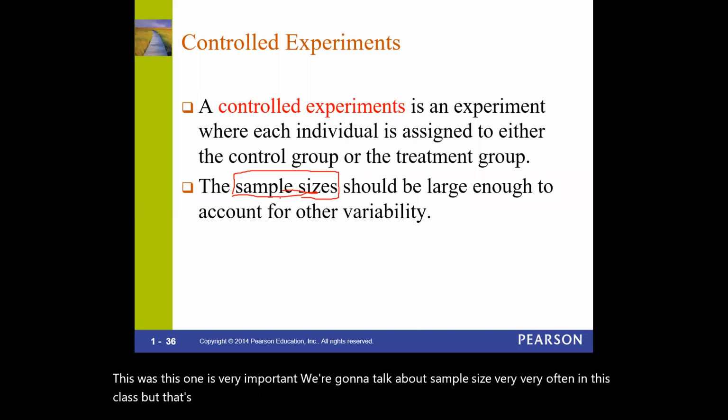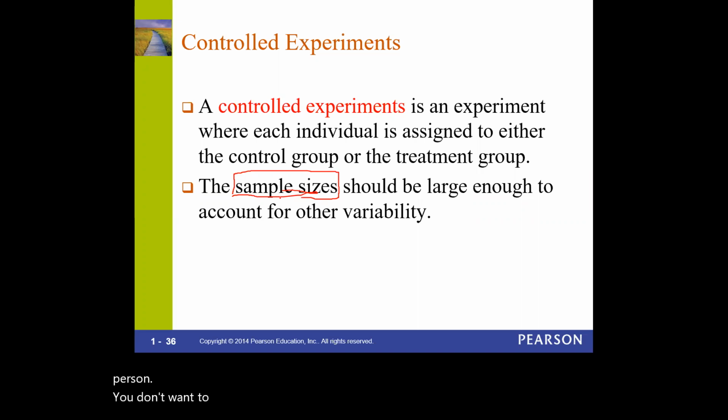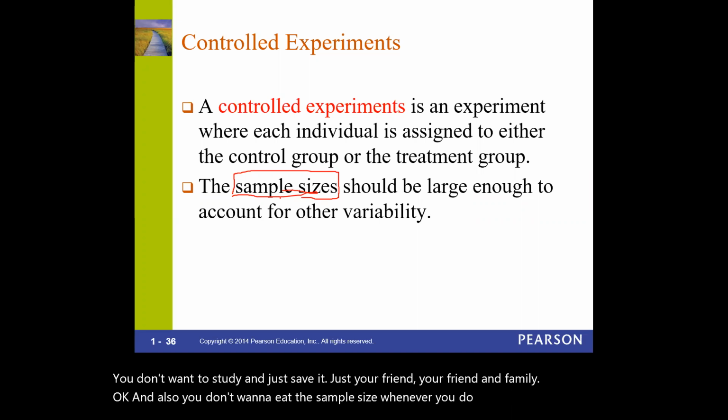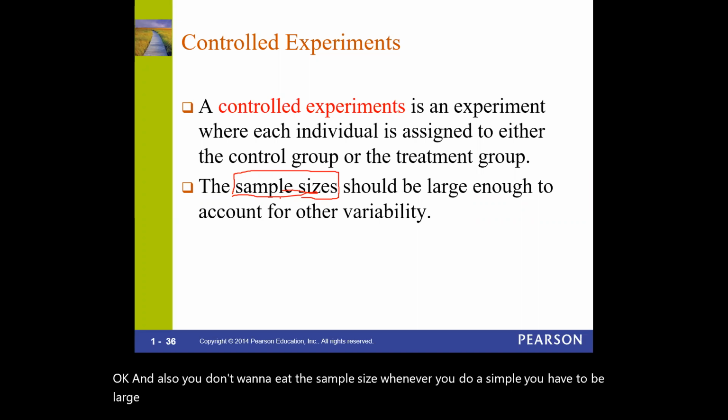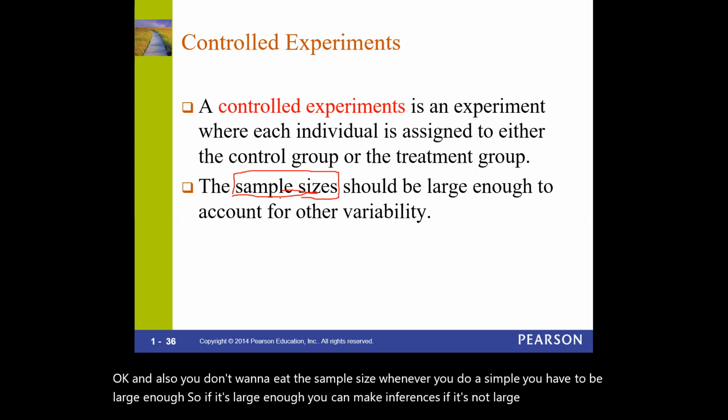You don't want to do a study and survey only one person, or just your friends and family. The sample has to be large enough. If it's large enough, you can make inferences. If it's not large enough, you cannot make any inference.